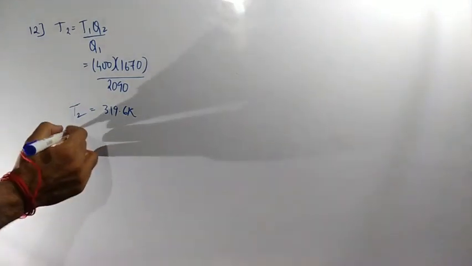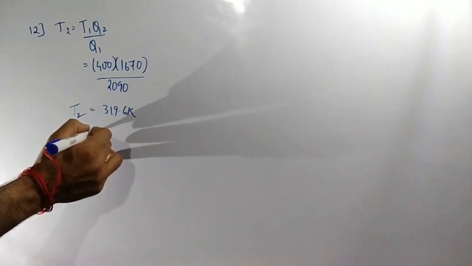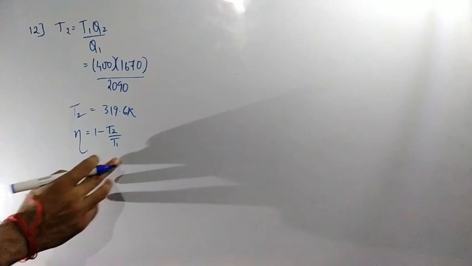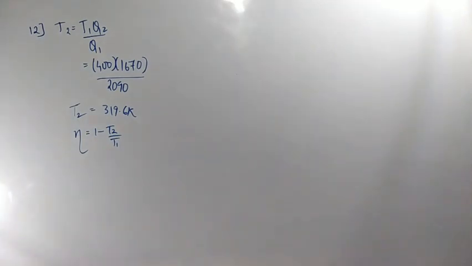Okay. Next, they are asking for the efficiency. What is the efficiency formula? Eta is equal to 1 minus T2 by T1, where T1 is the temperature of the source and T2 is the temperature of the sink. The temperature of the source given in our question is 400 Kelvin, and the temperature of the sink we just calculated is 319.6.